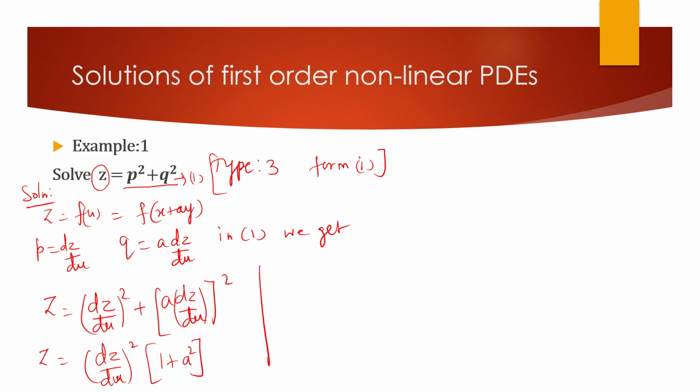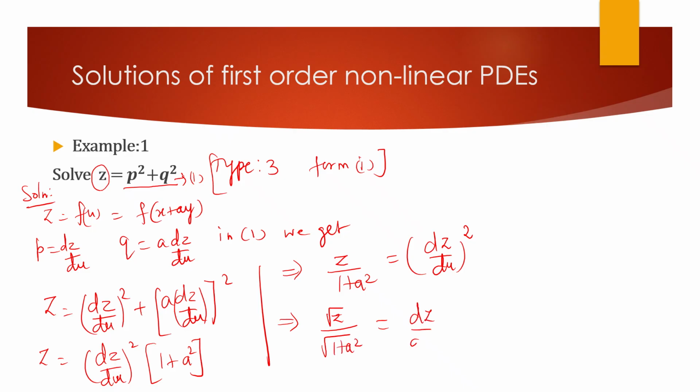From this we get z by 1 plus a squared is equal to dz by du the whole squared. Now taking square root on both sides we get root z by square root of 1 plus a squared is equal to dz by du.